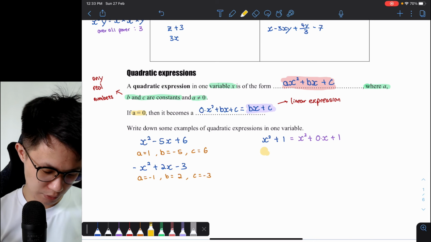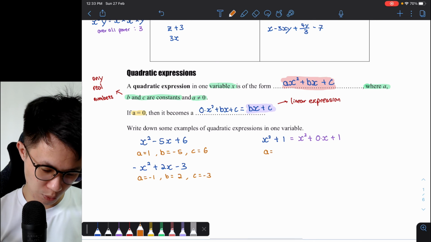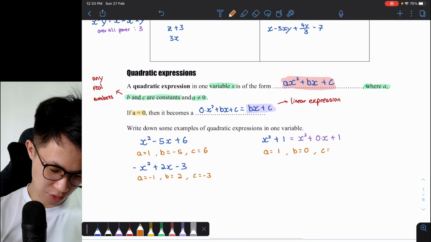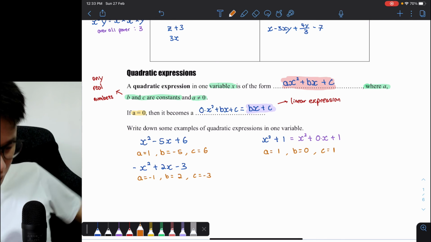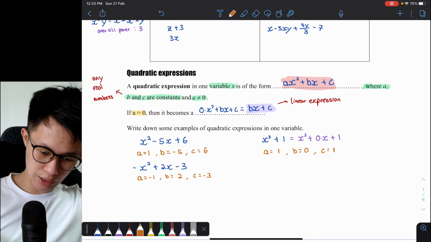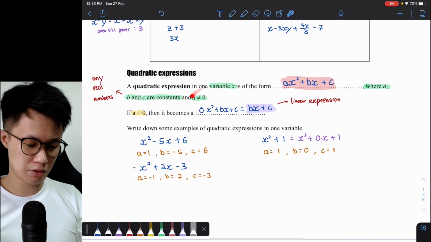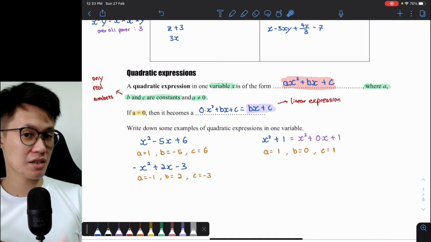In this case, a is equal to 1, b is equal to 0, and c is equal to 1. We can have that too, because our only condition here is that a must not be equal to 0. That's all. But b and c can be equal to 0.